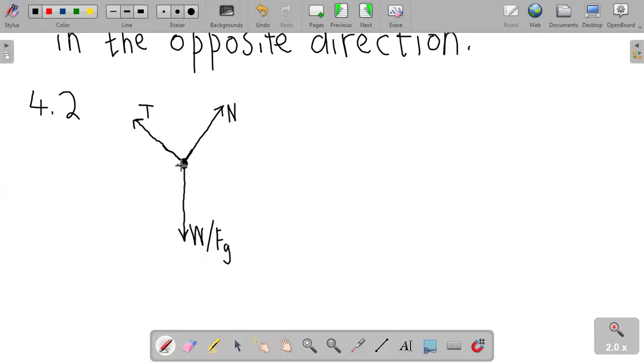And then there is also the kinetic friction, FK, the kinetic frictional force, the one that was given as 20 newtons. So this is the free body diagram. This is 4 marks: 1, 2, 3, 4.